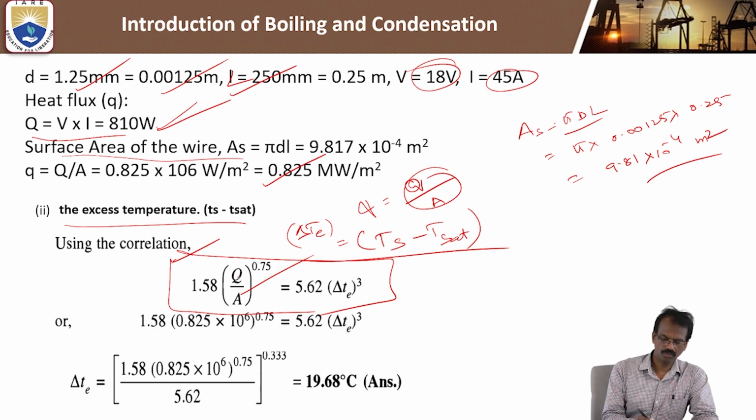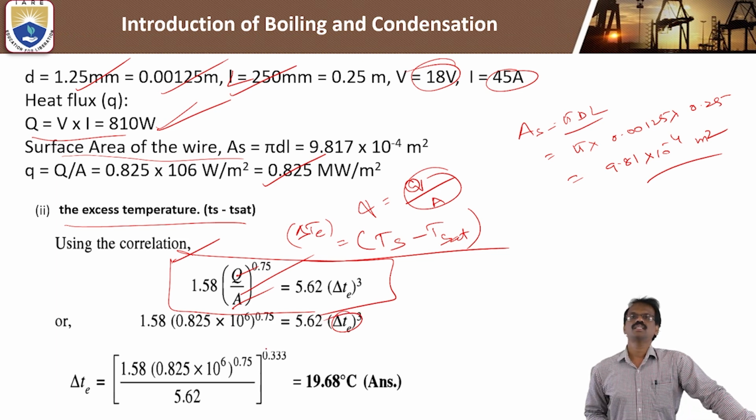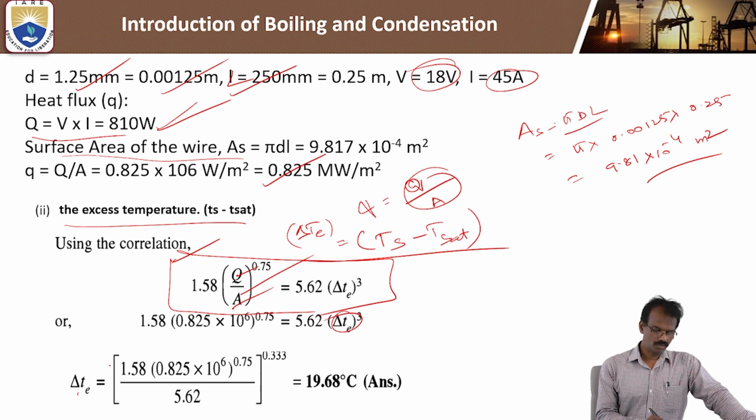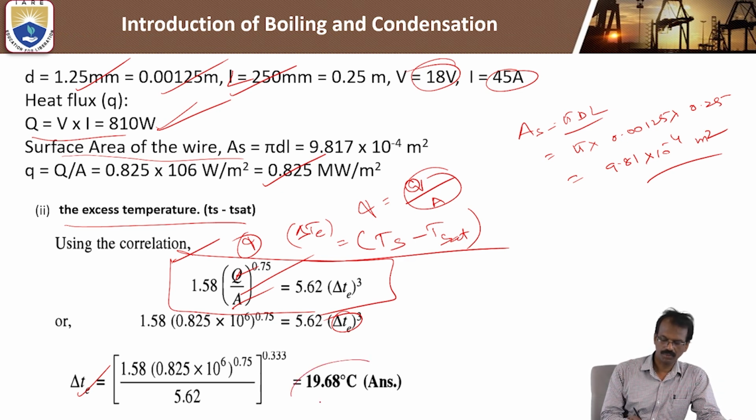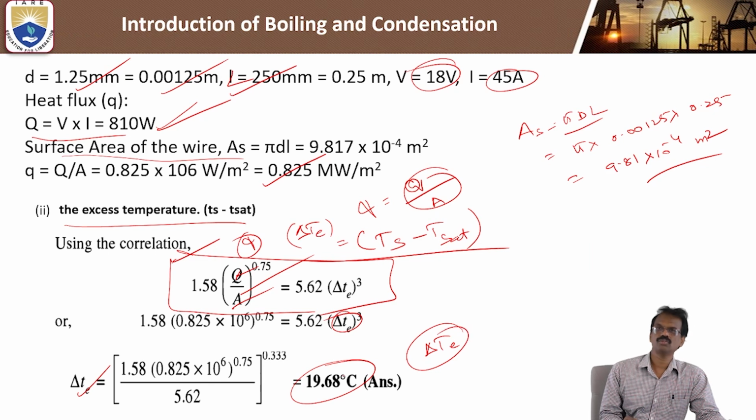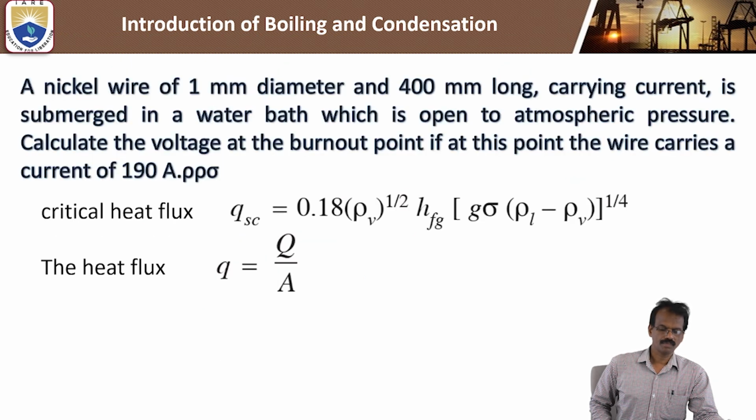You know the Q value and the area, so you have to find the delta T value. Delta T is equal to, this is the formula. If you substitute the value of heat flux, small q, then you will get the temperature difference. So delta T, the excess temperature difference, is equal to 19.68 Celsius. You can take this.